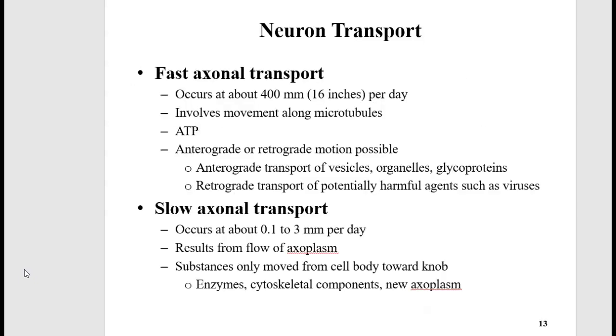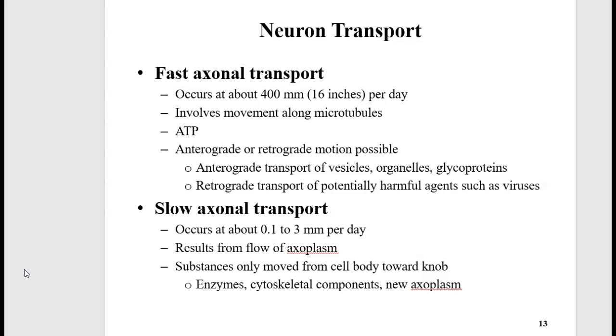If we're looking at fast axonal transport, this is going to be about 16 inches a day, very quick. It involves movement along microtubules within the cytoplasm and requires ATP. This can be either anterograde, of vesicles or organelles going from the cell body toward the axon terminal, or retrograde.